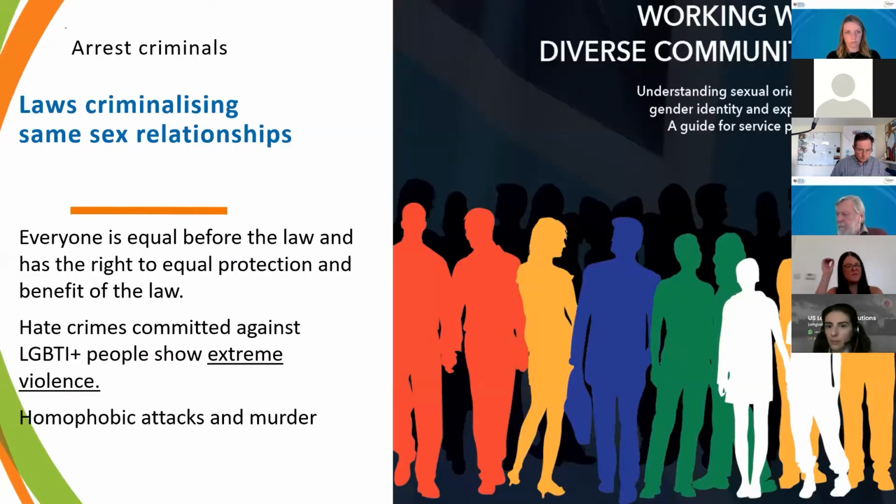So in terms of same-sex relations or sexual orientation and gender identity, we've seen that in the majority of countries within Africa, they perceive these populations as criminals, and therefore the law should be enforced harshly.